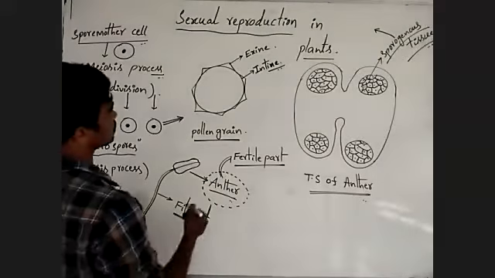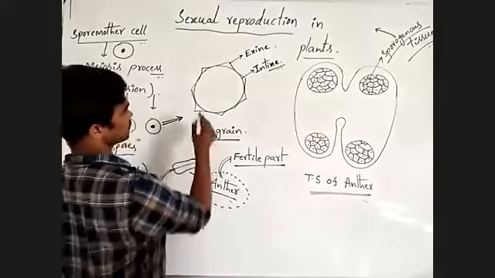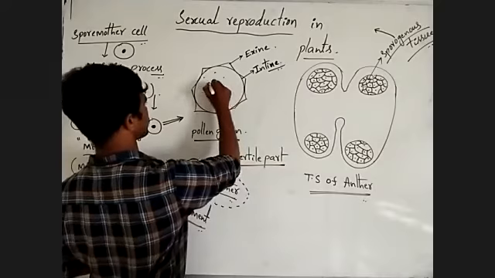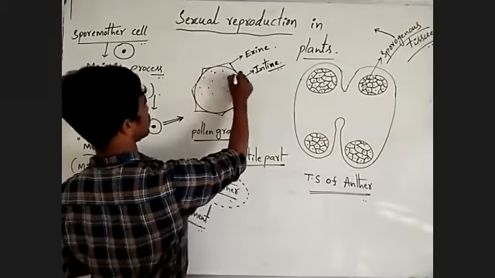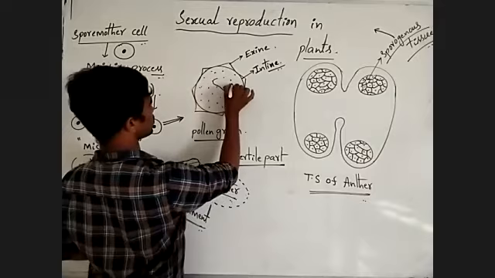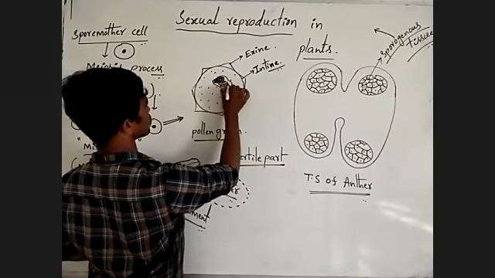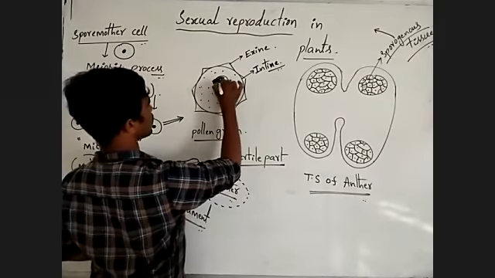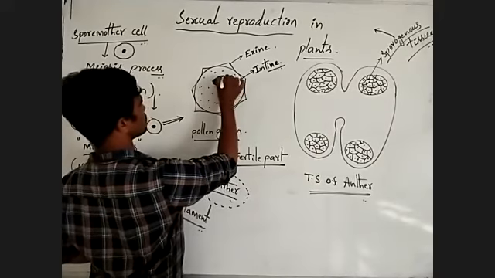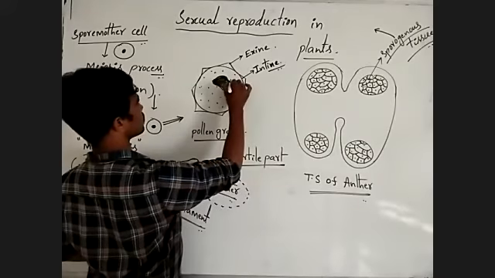Next, inside the pollen grain, dense cytoplasm is present and a large, irregular-shaped nucleus is also present here.